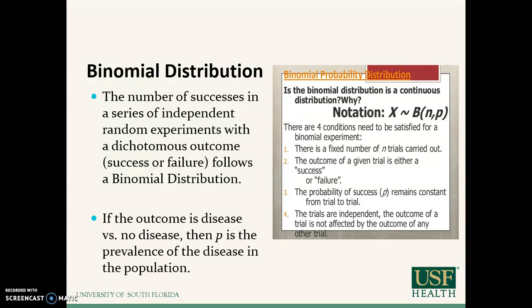The outcome of a trial is not affected by the outcome of any other trial. Okay, so these are the 4 conditions for a binomial experiment. And in public health, if the outcome is disease versus no disease, then p is the prevalence of the disease in the population.